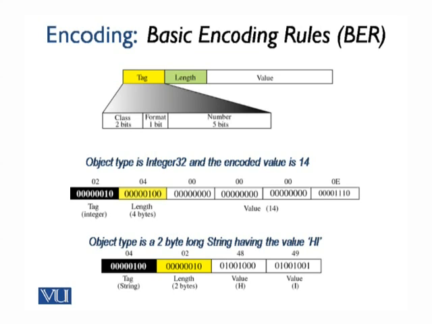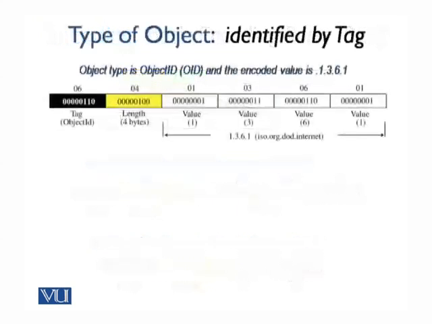So we would choose the appropriate tag for that, and then because HI is 2 bytes long, you have 2 characters, length would be 2 bytes, and then after that you would have the characters. In a similar manner, you can encode all the types that you have. For example, if you want to encode an object ID, the tag would indicate that this is an object ID.